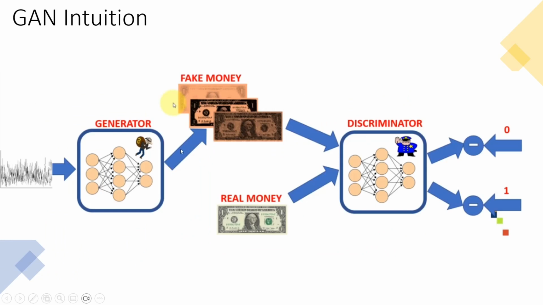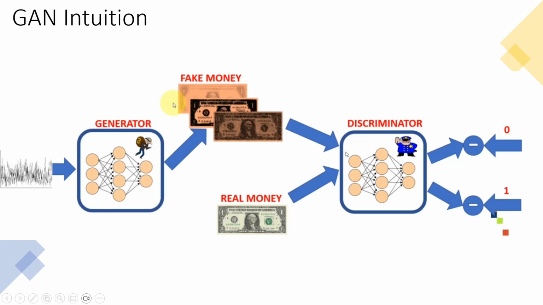So the basic architecture for a GAN is we have random noise here, we have the generator. The generator is producing fake money or fake images. This is fed to the discriminator. We are feeding real money to the discriminator as well. Therefore, it basically knows what real money looks like, and it knows what fake money looks like.